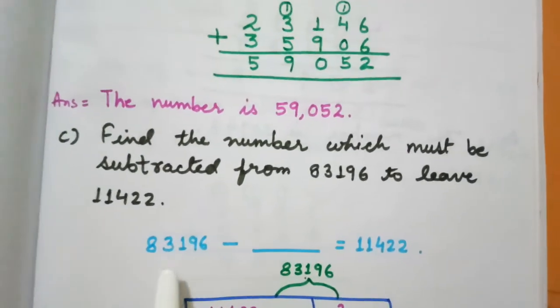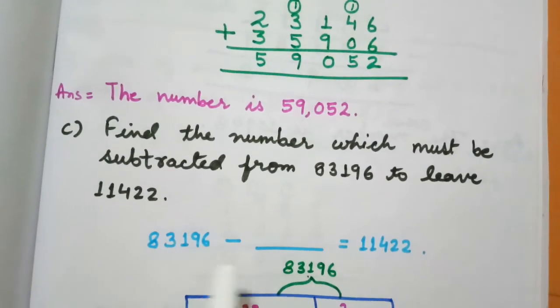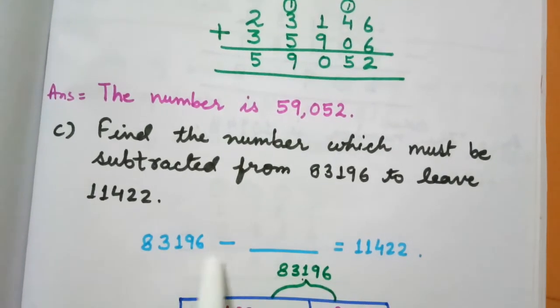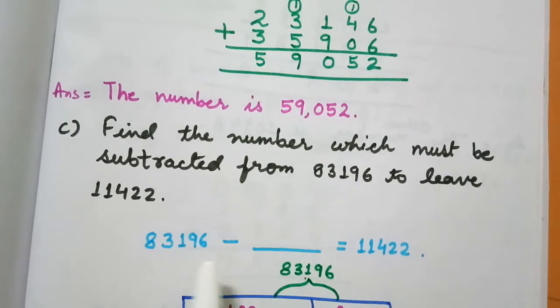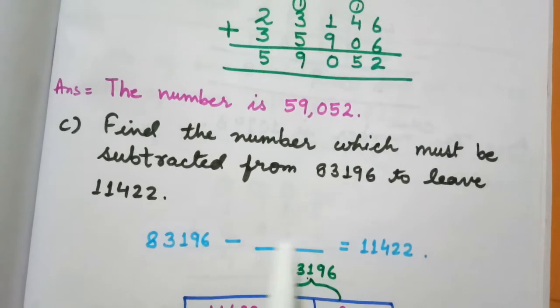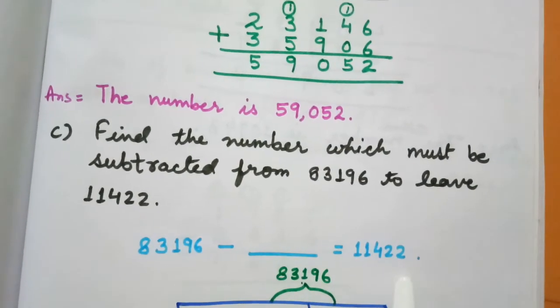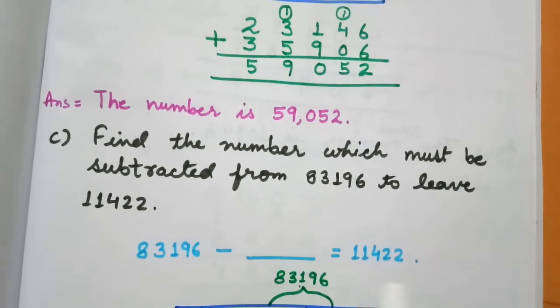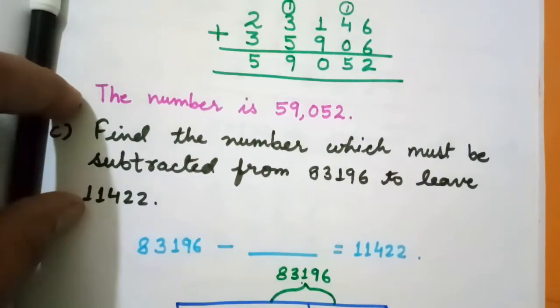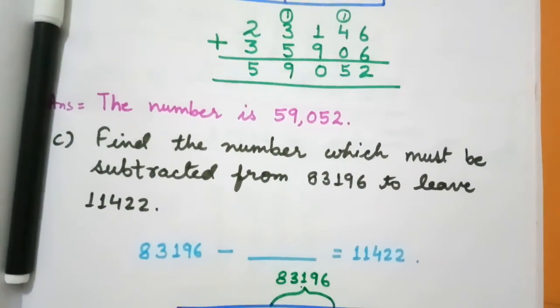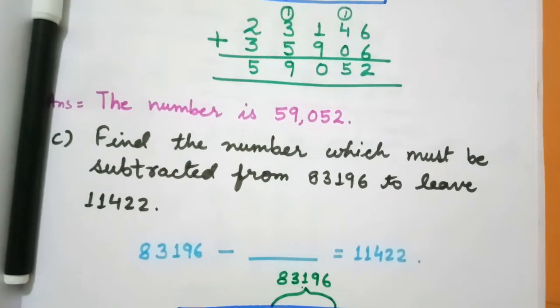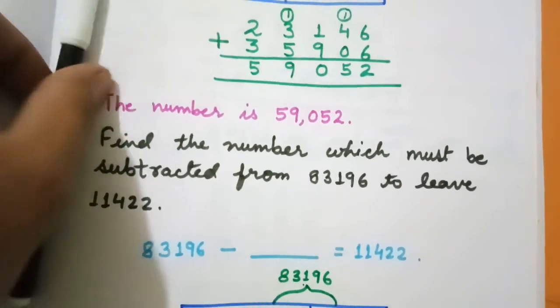So see, I have written in this form: 83,196 minus what is equal to 11,422. Now if you remember the model for missing subtrahend, it is given on page number 38.